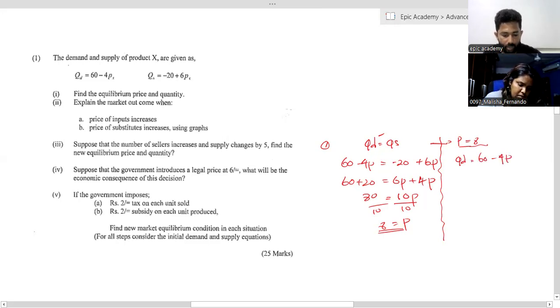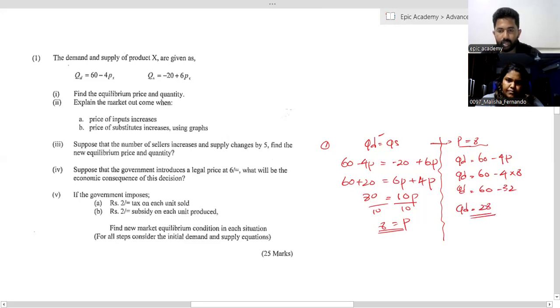Then I'm going to substitute the price: QD equals 60 minus 4 multiplied by 8. 8 multiplied by 4 becomes 32. QD equals 60 minus 32, which becomes 28. So the equilibrium quantity is 28 and the price is 8.